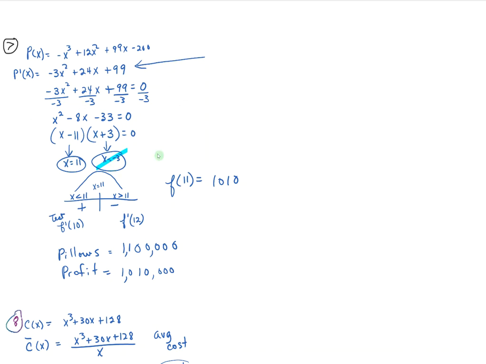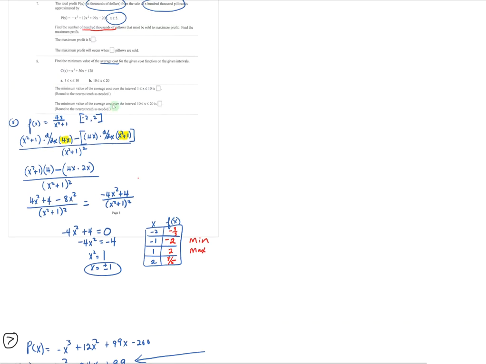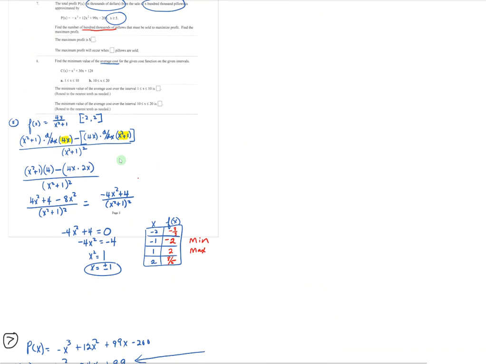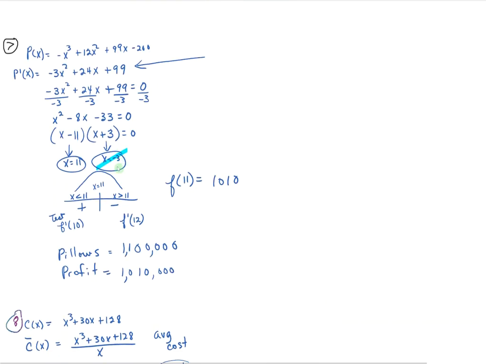But remember, our domain, x had to be bigger than or equal to 5. So the -3 is discarded. So the only thing we're worried about is 11. So we're double checking here. Here is my critical number, and this is x less than 11, x greater than 11.